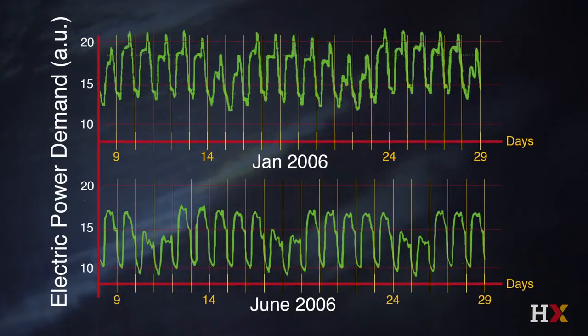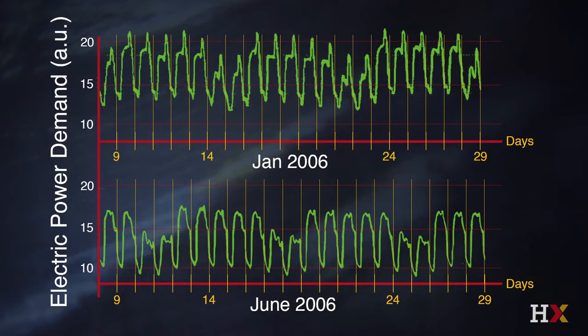So let's look at this pattern of varying electrical power demand on the electrical grid. We plot the variation in electrical power demand as a function of time. And we can pick any year. This happens to be January and June of the same year. And we can see, first of all, in January, the power demand in the winter is somewhat higher than it is in the summer.